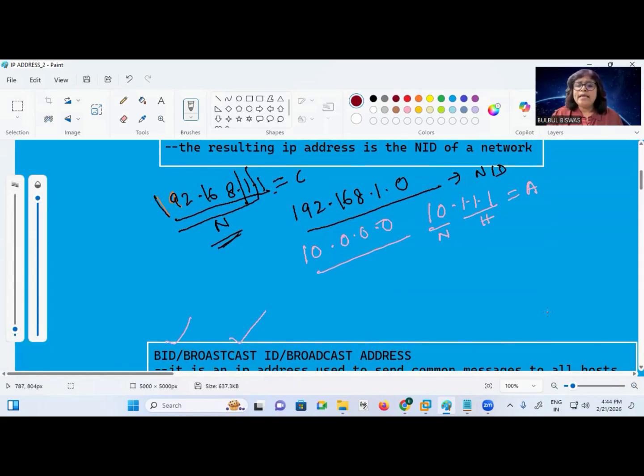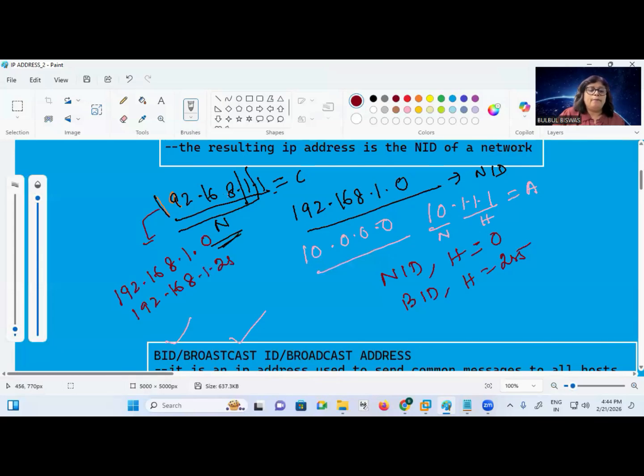Only, in the case of NID, in the host octet we put 0, and in the case of BID, in the host octet we put 255. So if I have this IP, 192.168.1, if I put 0 in the host octet then it is NID, and if I put 255 in the host octet, then it becomes the BID.